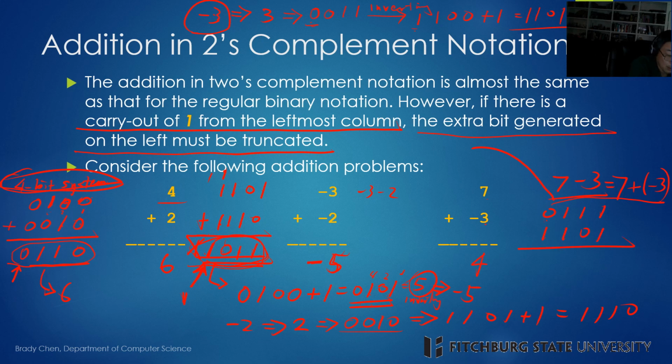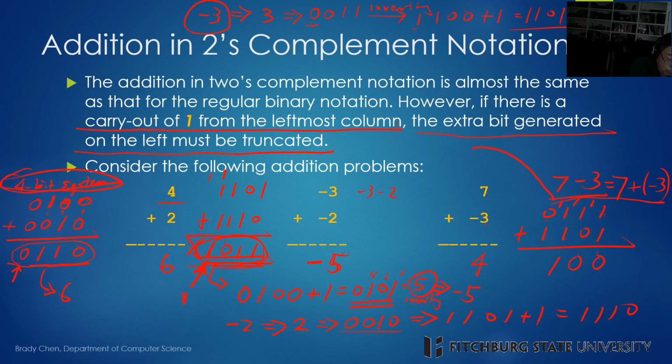So let's add these two numbers. So 1 plus 1 is 0, carry 1 over. So 1 plus 0 plus 1 again is 0, carry 1 over. So now you have 1 plus 1, it's 0, carry over 1, and add another 1, so it's 1, carry 1 over.